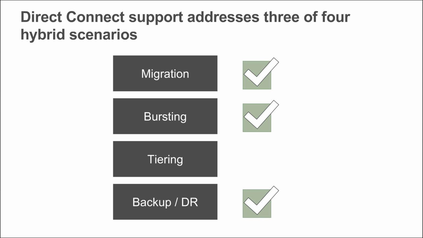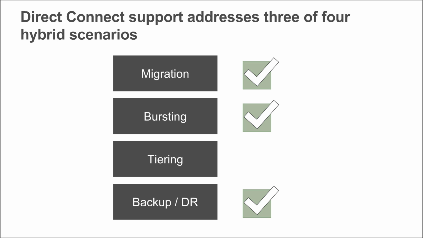The second is bursting, so your data sits permanently on-prem, but once in a while you want to do some processing on the cloud, so you would move your data onto the cloud, bring up an EC2 cluster, process the data, and then move the data back to on-prem. There's tiering, which means that some of your data is stored on-prem, some is stored on the cloud, and there's some efficient tiering that's happening between the two based on access patterns.